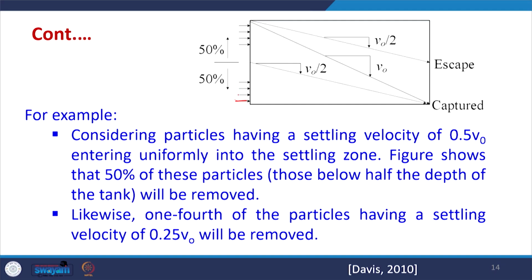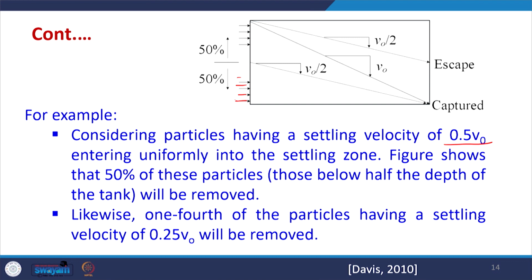Here, when we say that the settling velocity is V0, the diameter will be the targeted critical diameter which has to be captured. Every particle greater than that diameter has to be captured.